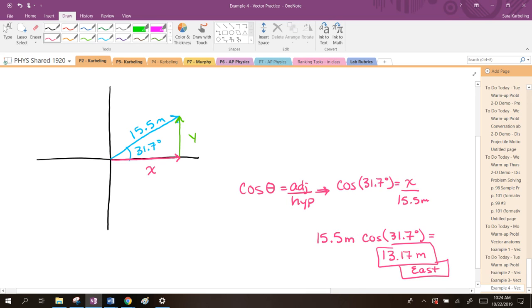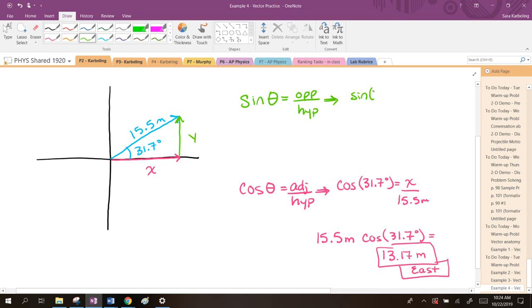We'll do a similar process for the y direction. In this case, we're talking about the opposite side. So I've got the hypotenuse and the opposite. Which trig function is that going to be? Sine. The sine of theta is opposite over hypotenuse.